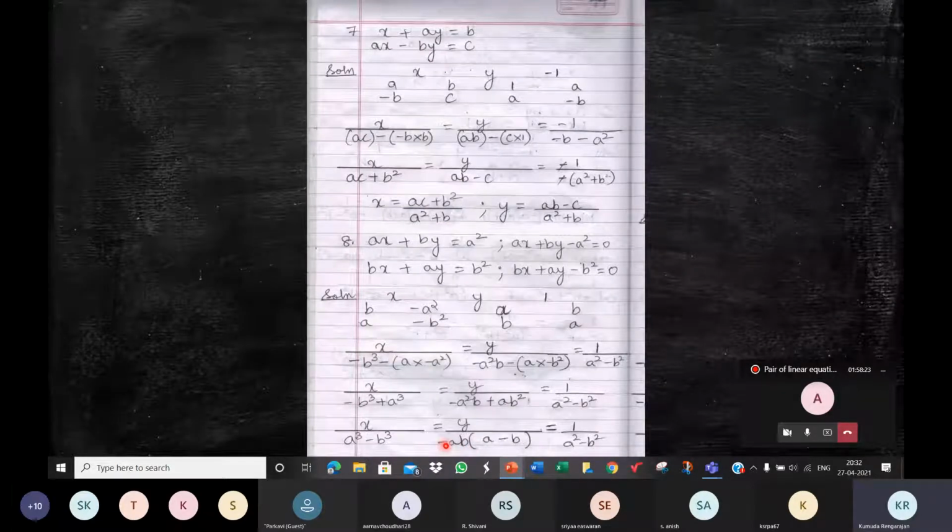If you don't take out this minus sign, then this will look like b minus a. So in the next step, again, you'll have to take out the minus and write it as a minus b. Because you know that b minus a can be written as minus of a minus b. B minus a is equal to, take out a minus, and in the bracket you can write a minus b.